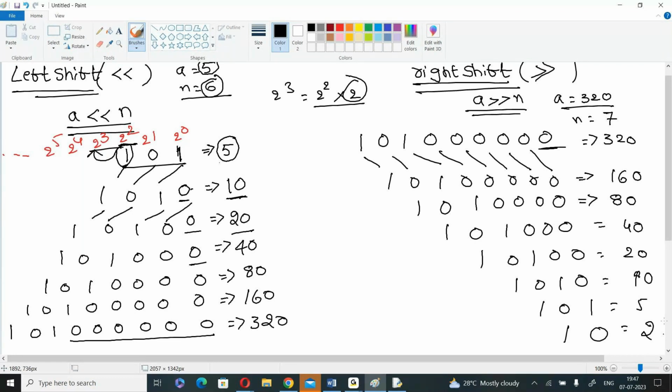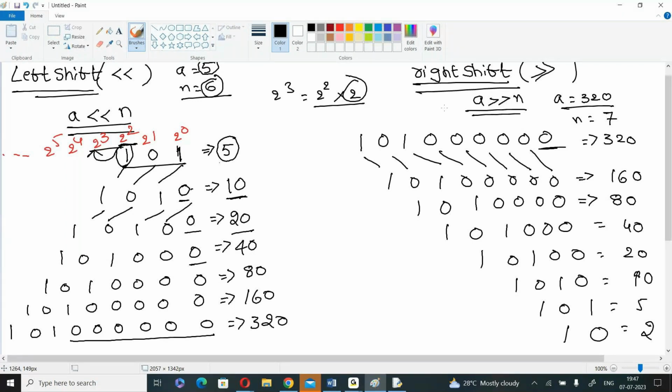You got my point? Even though you are dividing 5 by 2, the answer is 2.5, that is 2 only. Simply, if you are performing right shift operation 7 times, remove 7 bits.